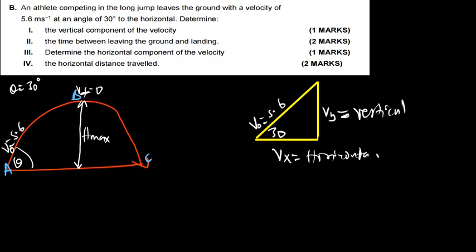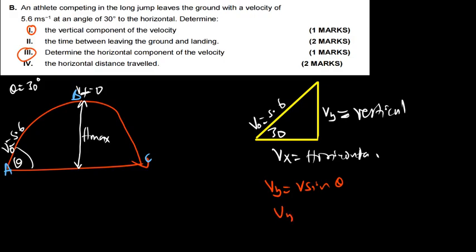I want us to go ahead and answer question 1 and also question 3. So question 1 is saying determine the vertical component of the velocity. What is the vertical component? The vertical component is the y. So therefore, same as vectors, Vy will be equal to V sine theta. That's my vertical. I'm solving part 1.